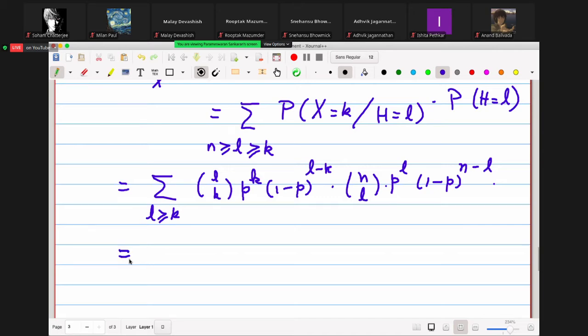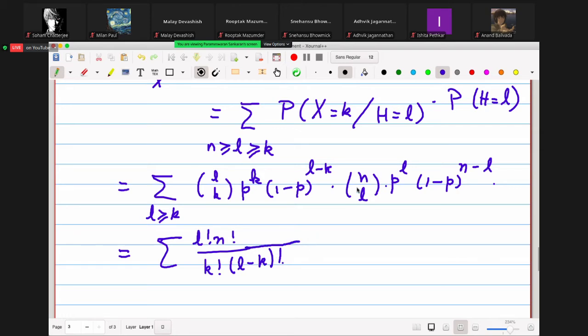Okay. So this n choose L, L choose k, that simplifies a little. So I write that: n factorial by k factorial times (L minus k) factorial.